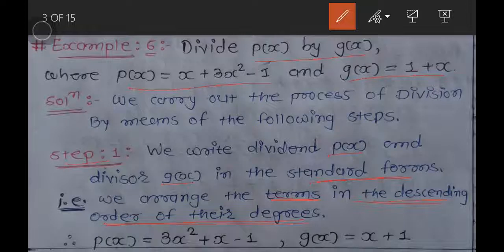So we have put it in standard form as p of x is equal to 3x square plus x minus 1, and g of x in standard form is equal to x plus 1. So our first step is that we write our dividend and divisor in standard form.